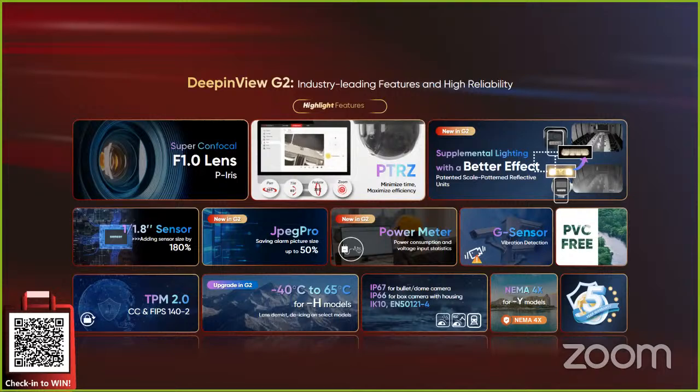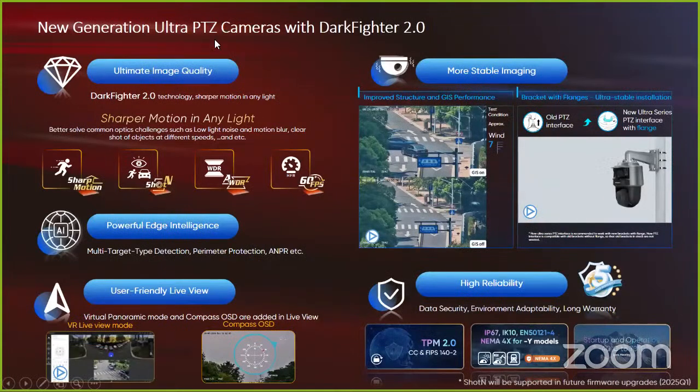Okay. And last, about some ultra PTZ cameras, the DarkFighter. For the ultimate image quality, we can also deliver it anywhere in the light, same as the bullet camera or the zoom camera. In outdoor, mostly we consider the bullet camera for the installation way and anti-corrosion.